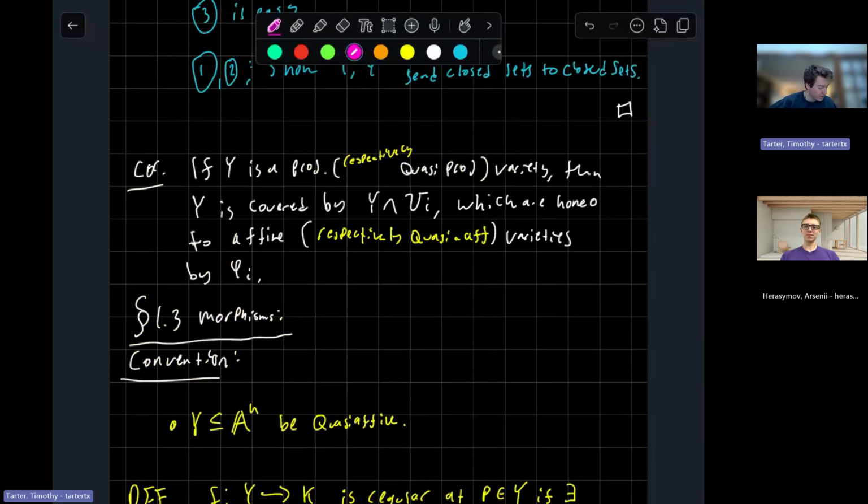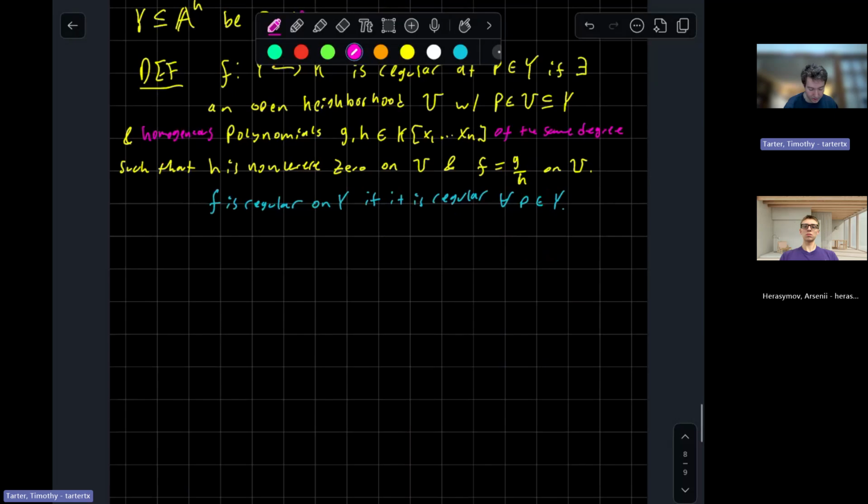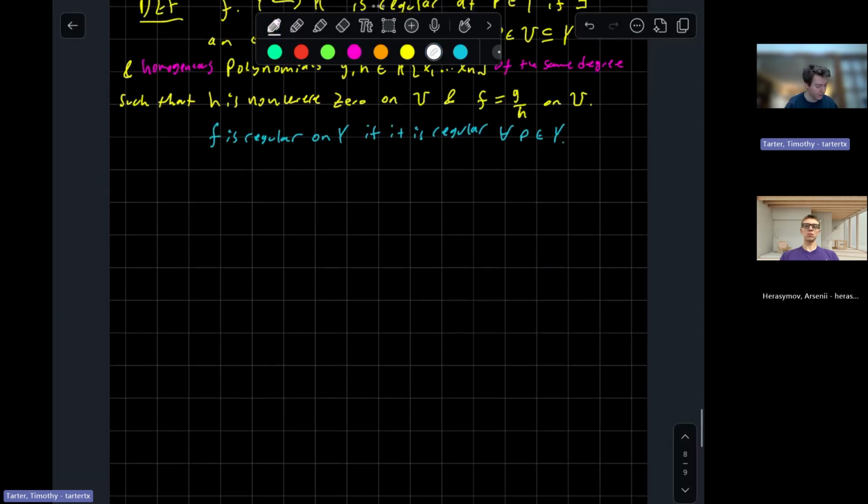But yeah, so as a remark, as in the quasi-affine case, a regular function is necessarily continuous. An important consequence of this fact is that if f and g are regular functions on a variety X, and if f is equal to g on some non-empty open subset U in X, then f is equal to g everywhere. Indeed, the set of points where f minus g is 0 is closed and dense, and hence equal to X. He has this as a remark.